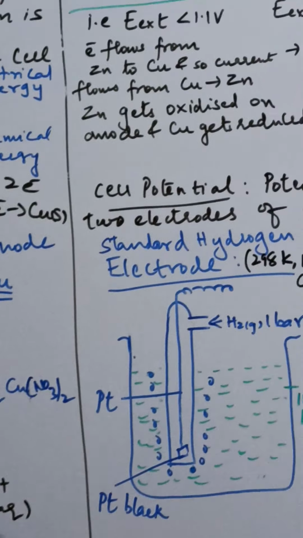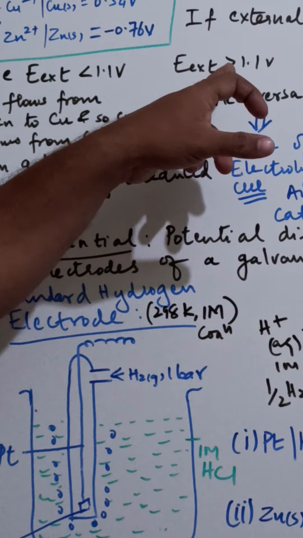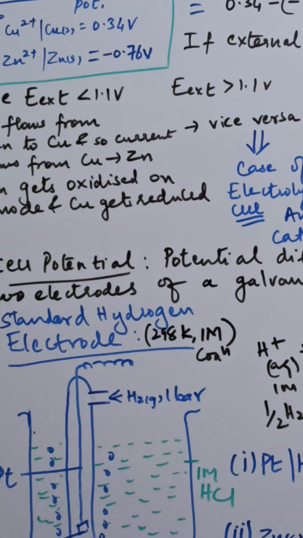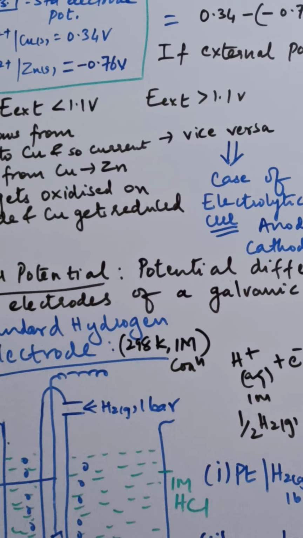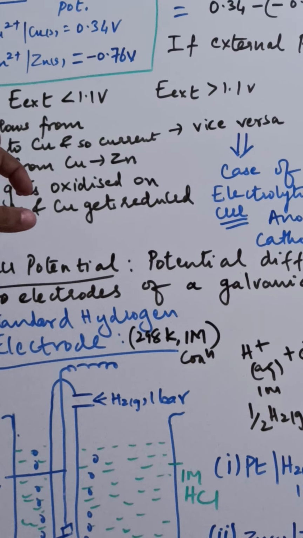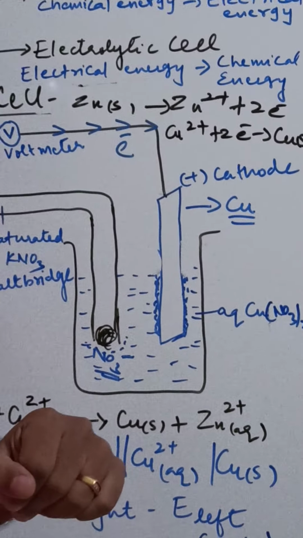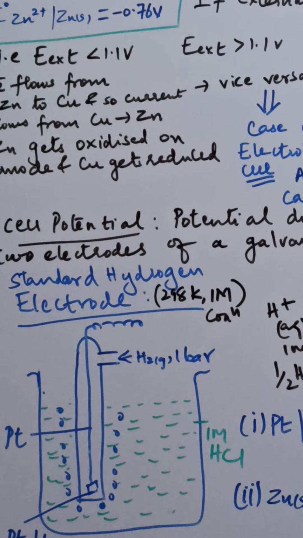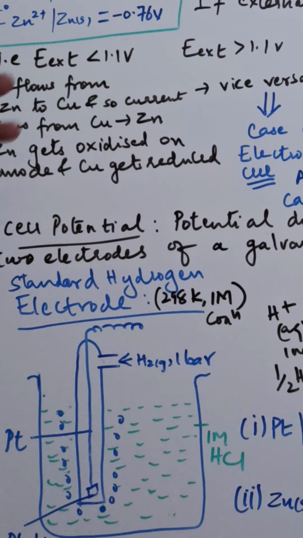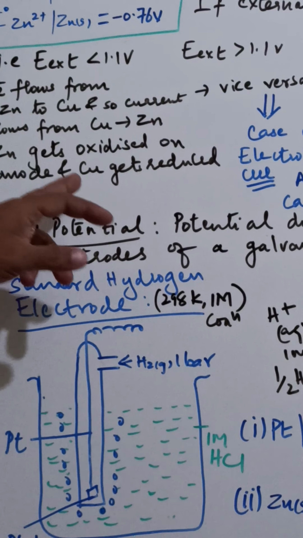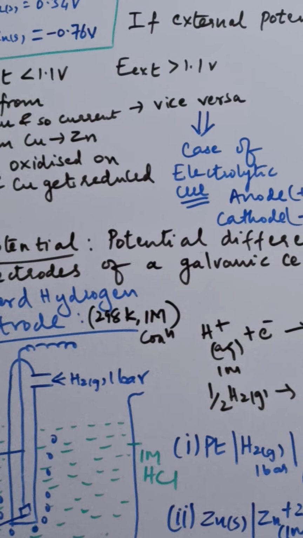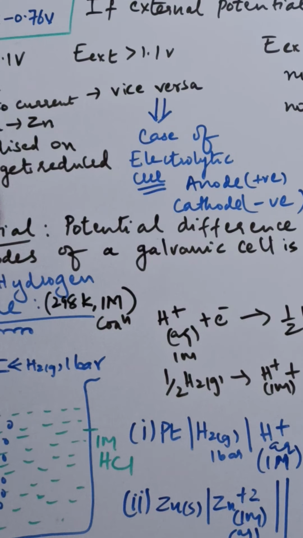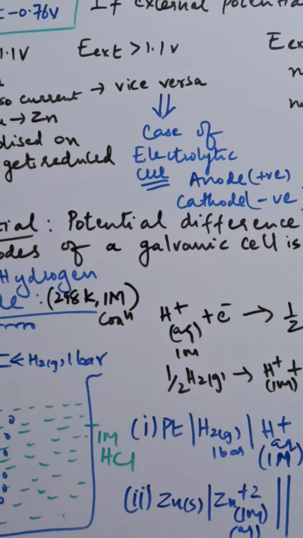Now if the external cell potential is greater than 1.1 volt, then the opposite occurs. The electron flow direction will change. Zinc will not get oxidized, instead zinc will get reduced. Copper will not get reduced, instead copper will get oxidized. So that is a case of an electrolytic cell, my dear students.